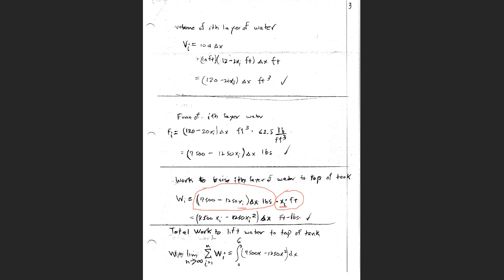And Samuel, you were asking now about these limits from 0 to 6. Well, first of all, let me ask: is everybody okay that this is the Riemann sum of these pieces of work here?